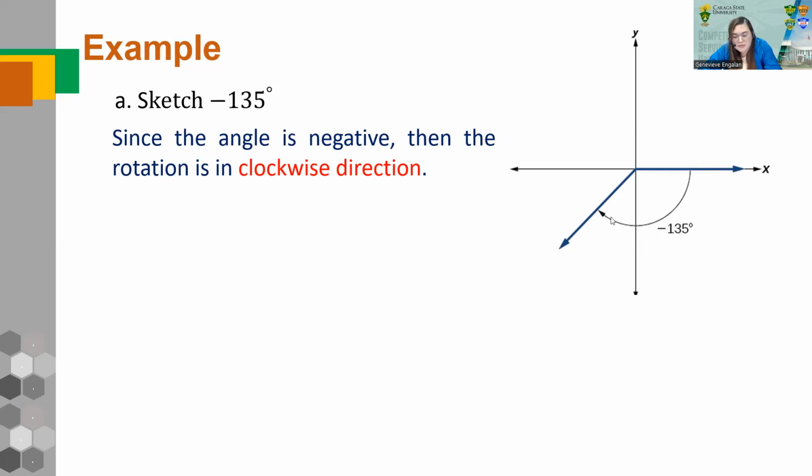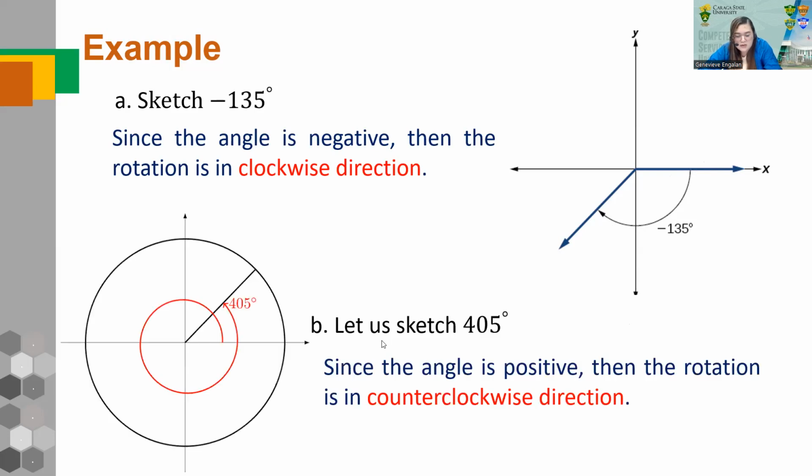Since our direction is clockwise, we have negative 135. Okay, so let us sketch 405. It is positive, so counterclockwise. When we get here, that is 360, plus 45, that is 405.